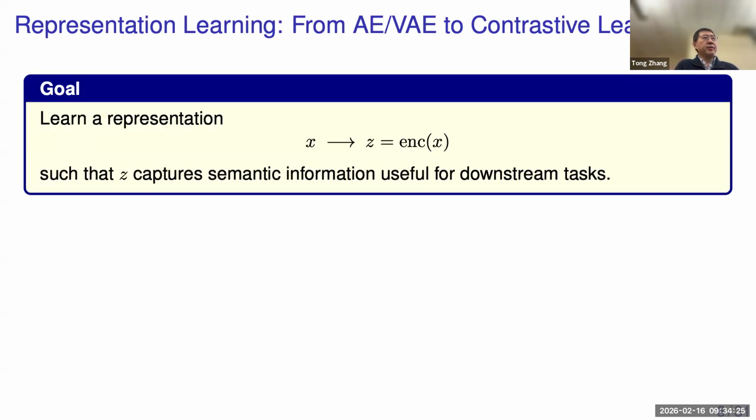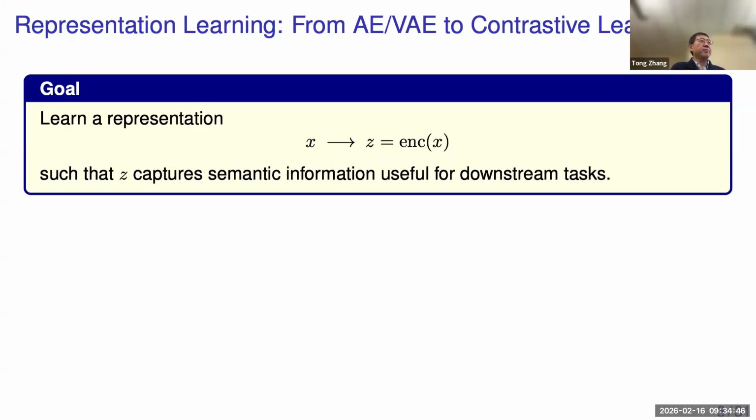Let's review the autoencoder. I've already summarized that, but we will go through it again. For the representation, this is what we focus on here: essentially, thinking about the encoder in the autoencoder setting.